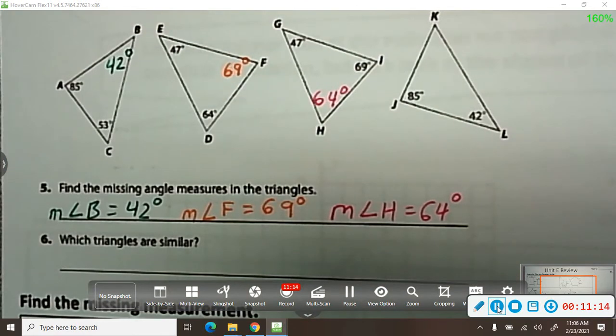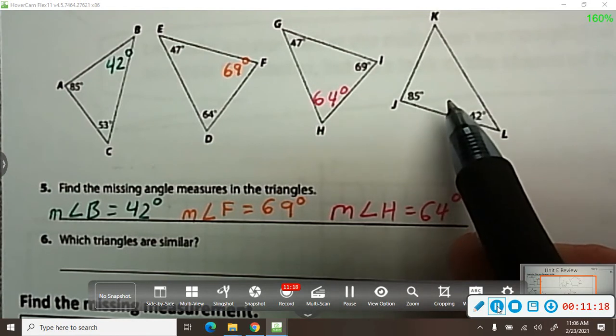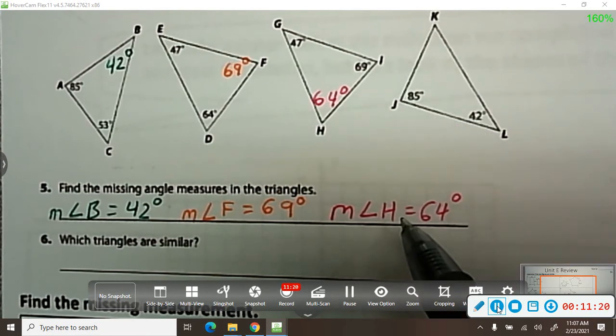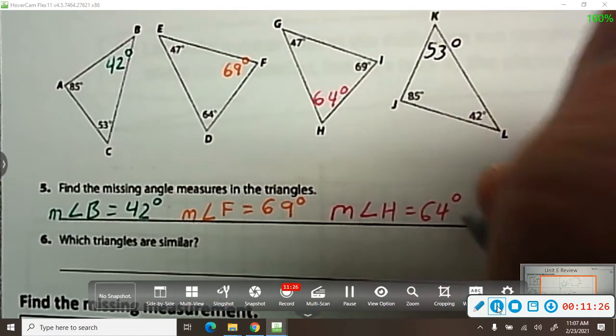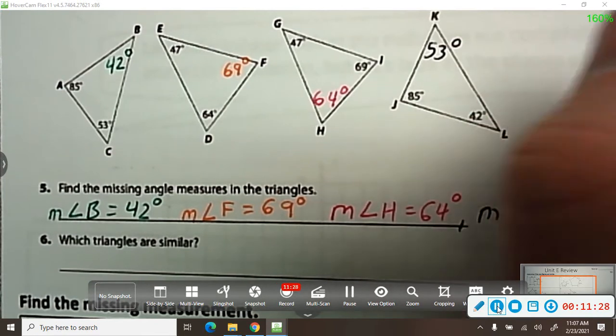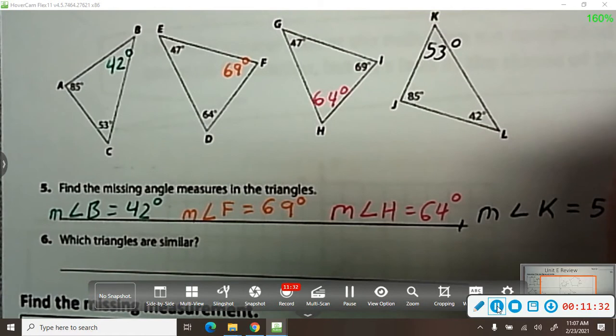And then finally, these three angles add up to 180. 180 minus 85 minus 42, 53. So the measure of angle K is 53 degrees.